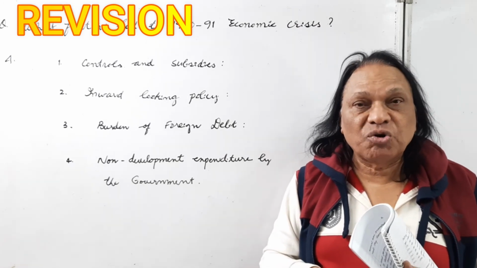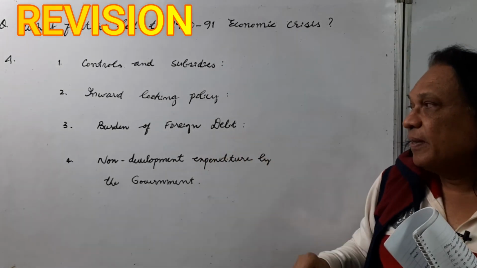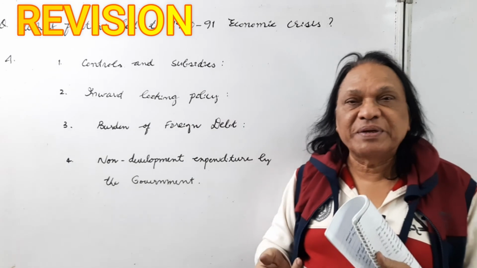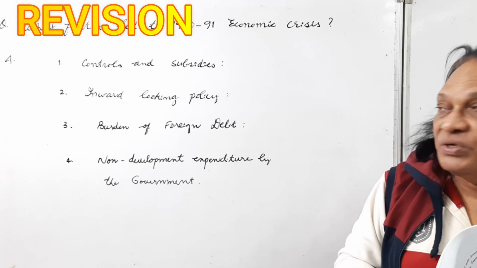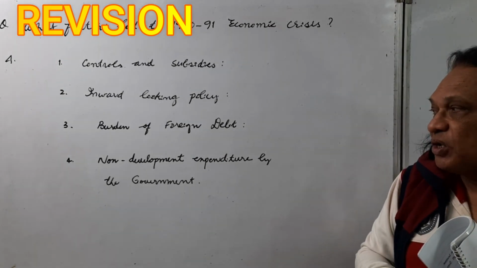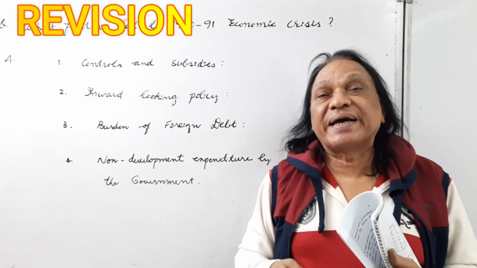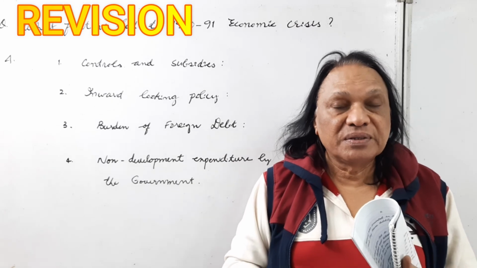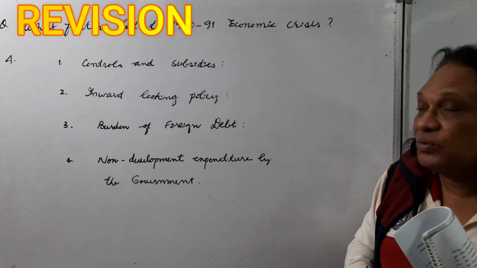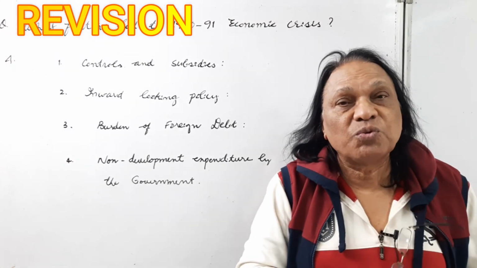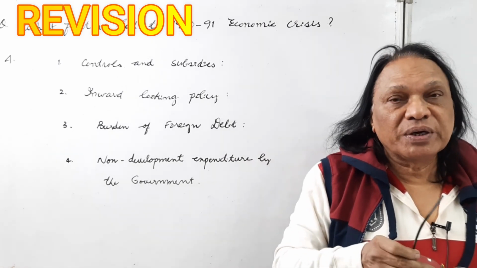Burden of foreign debt: the government borrowed huge money from other countries to meet expenditure, and the fiscal deficit was huge. Non-development expenditure: the government was spending huge money on defense, law and order, salaries of government employees and subsidies. That led to a big burden on the government. So these are some of the factors that led to the economic crisis in 1990-91. That's why the government brought in a new economic policy in 1991.